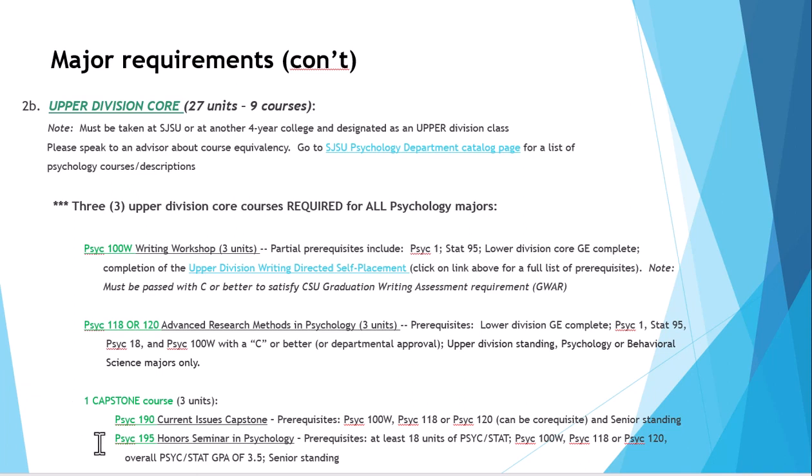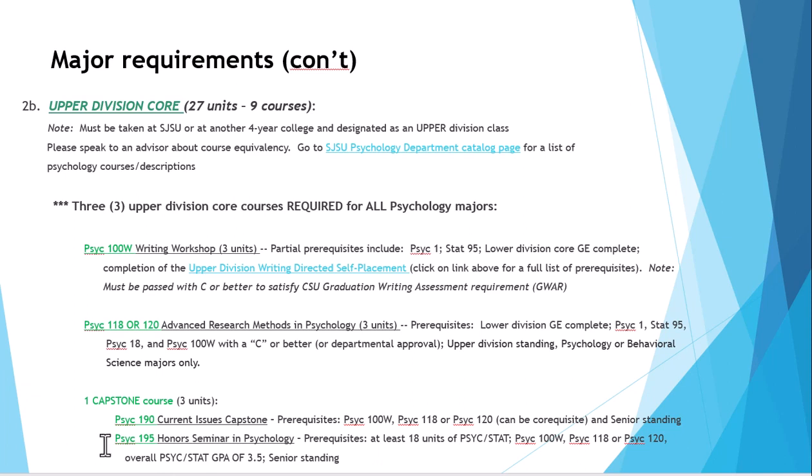Now, if you're on the honors track, if you meet the criteria to earn honors in psychology, then instead of taking the 190 course, you would be taking the Psych 195 class, which is the honors seminar. Okay, so here are some of the prerequisites to take the Psych 195 class.